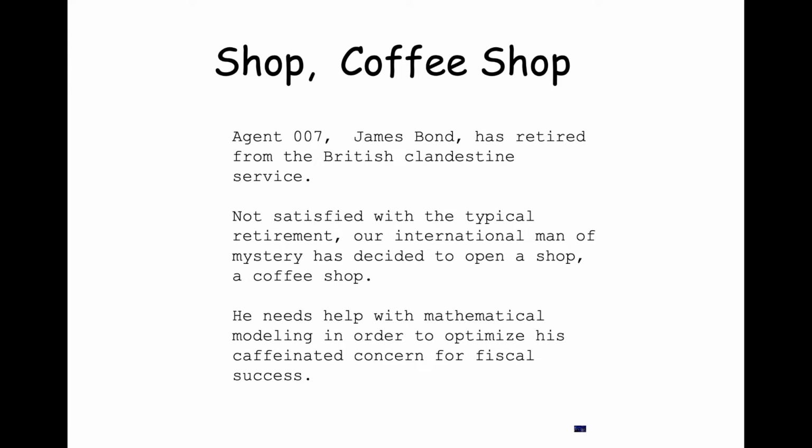Not satisfied with the typical retirement, our international man of mystery has decided to open a coffee shop, but he needs help with mathematical modeling in order to optimize his caffeinated concern to achieve fiscal success.